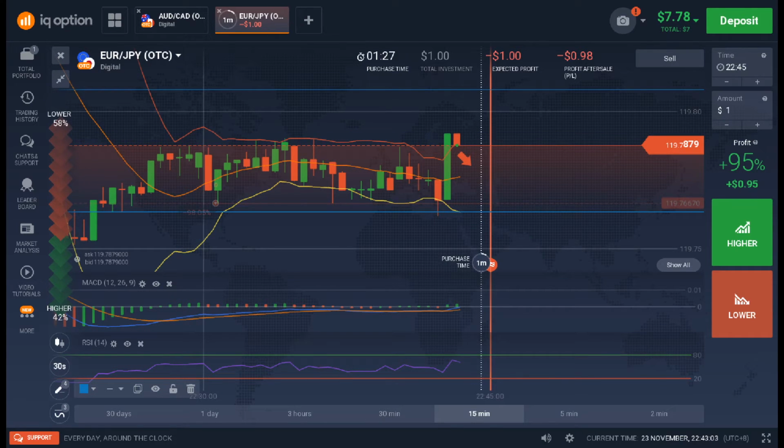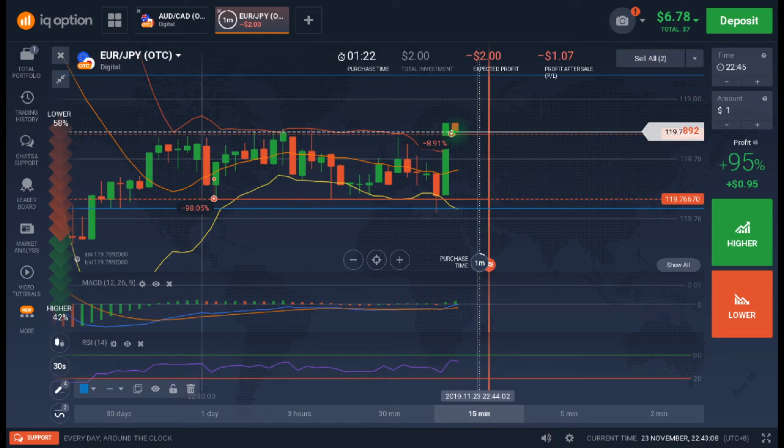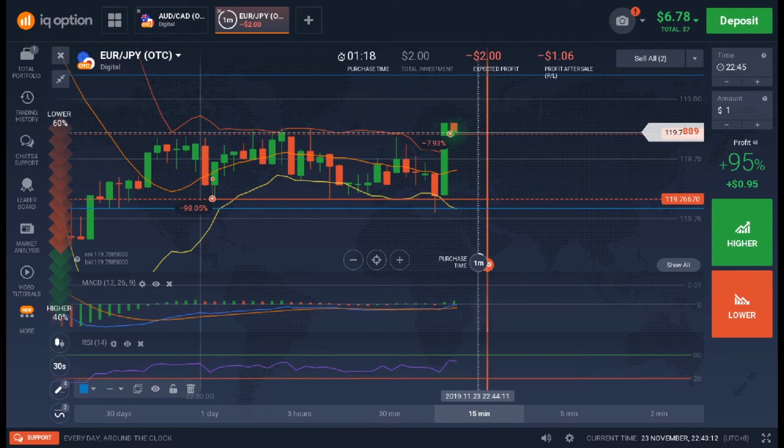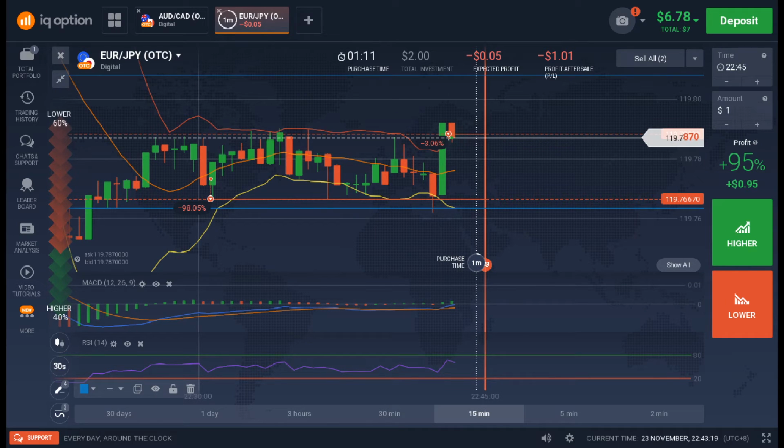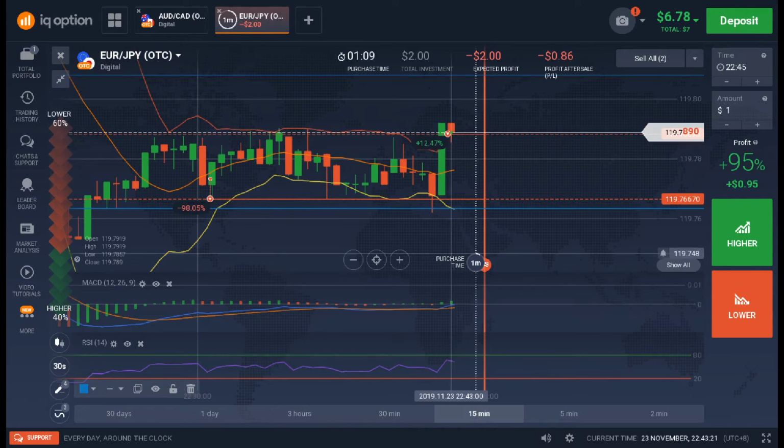Let's see. I added another downward movement here.